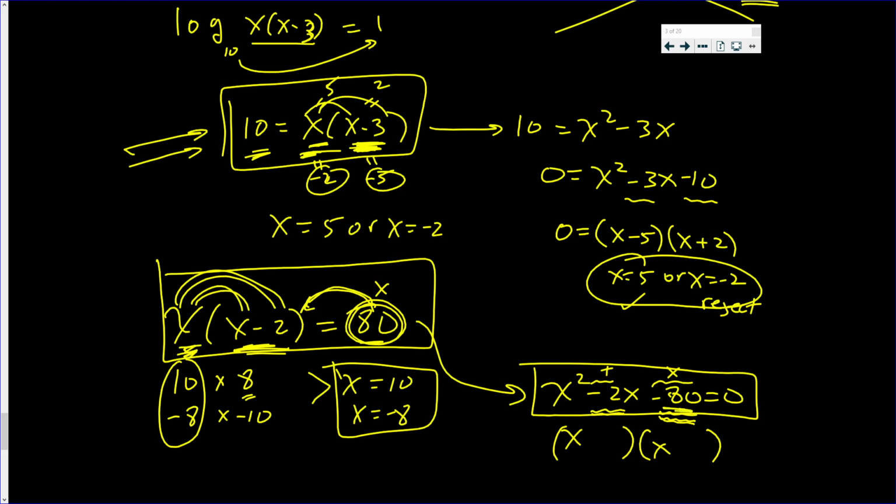Two numbers that multiply out to -80 and add up to -2 are -10 and +8.